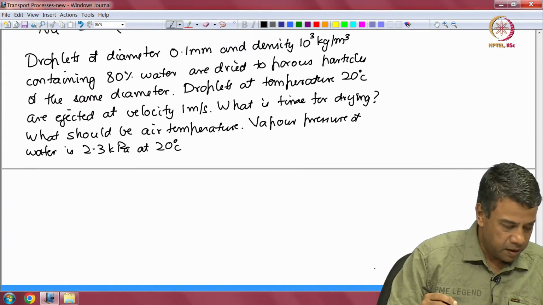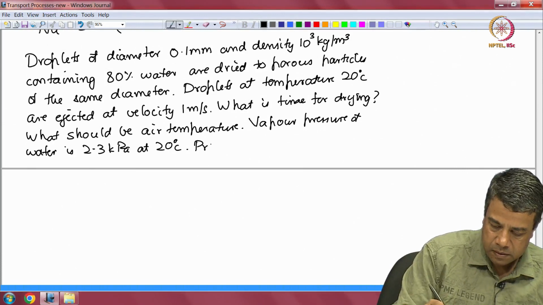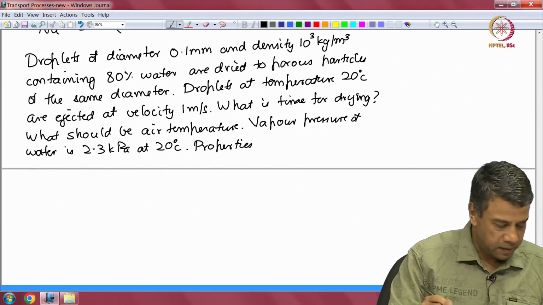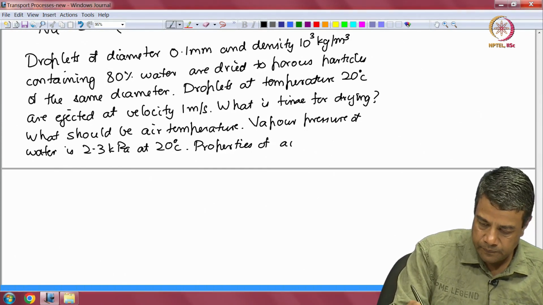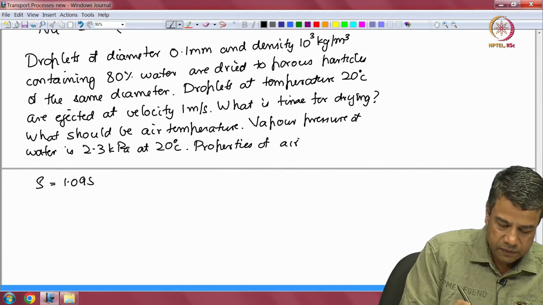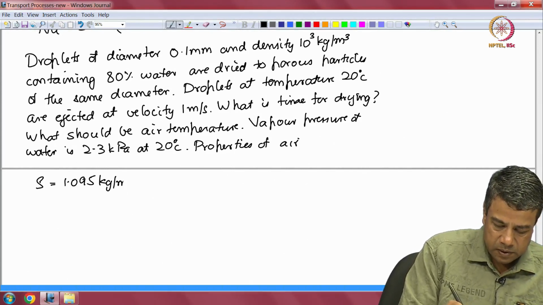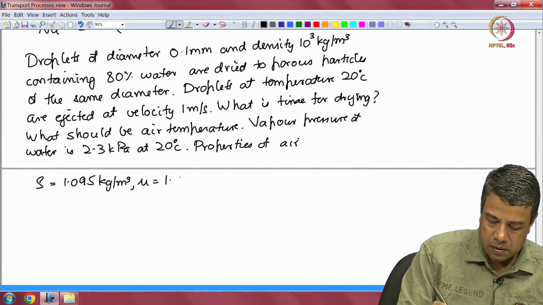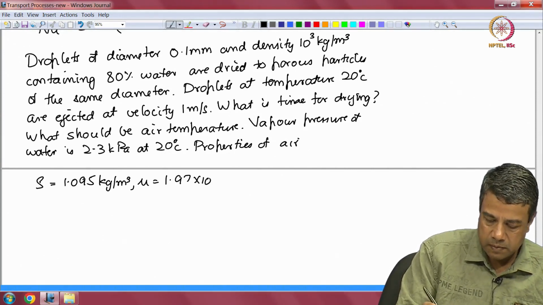And the properties of air: rho, density, is equal to 1.095 kg per meter cubed. The viscosity is equal to 1.97 into 10 power minus 5.